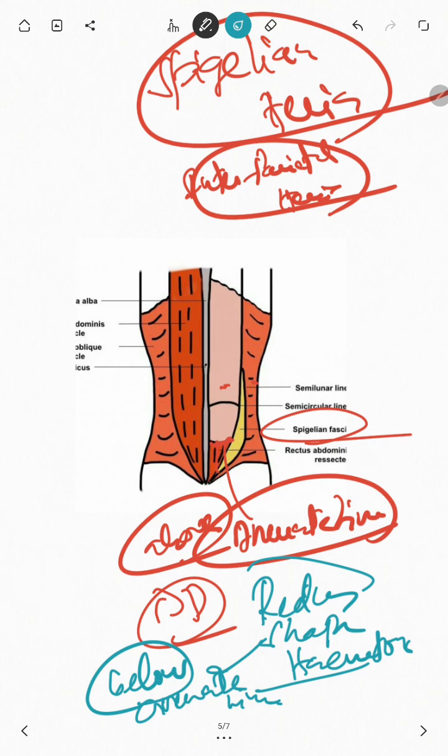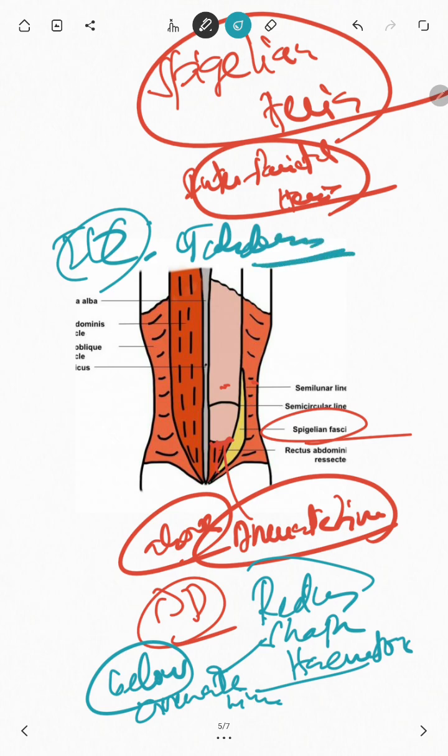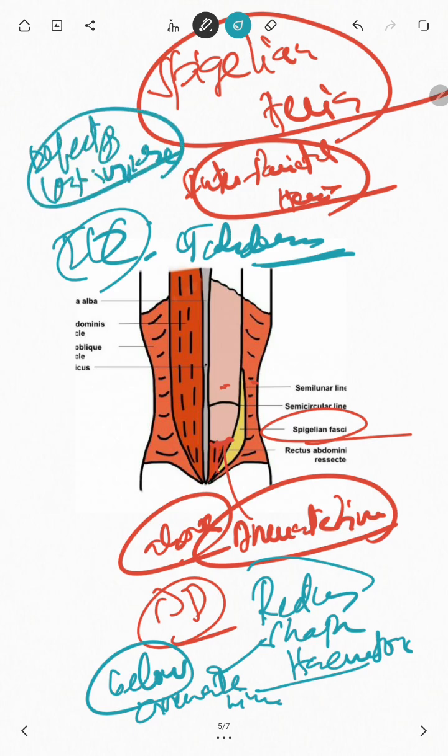Okay, and the investigation of choice for diagnosing this is CT abdomen. And as with any hernia, you can look for the defect with cough impulse, and there will be a lump over the Spigelian fascia.